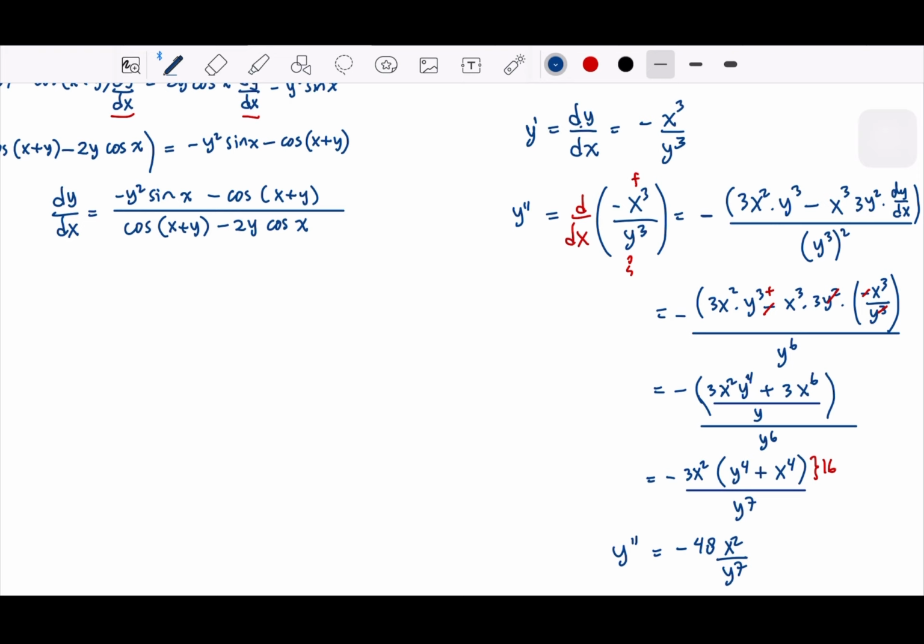Okay, and the key to solve this is to substitute what we have before, the first derivative. And then sometimes at the end you will see that we get the original equation stated at the beginning.